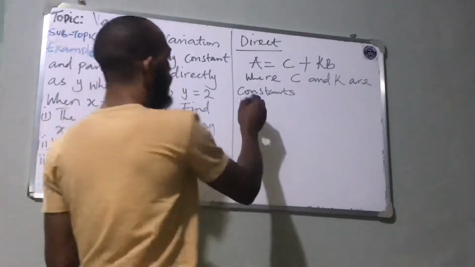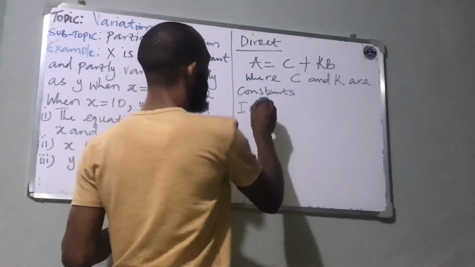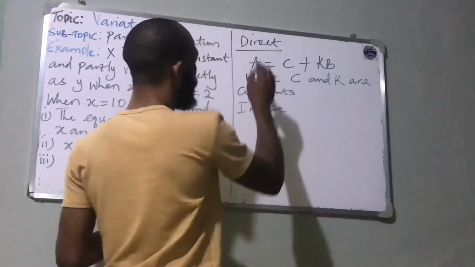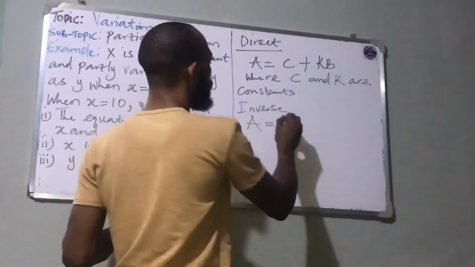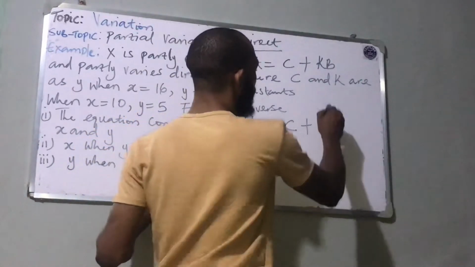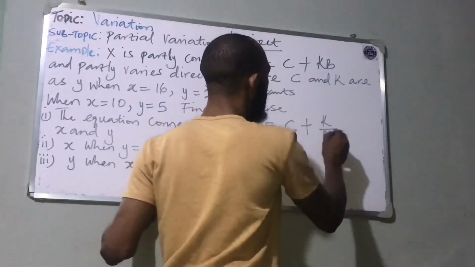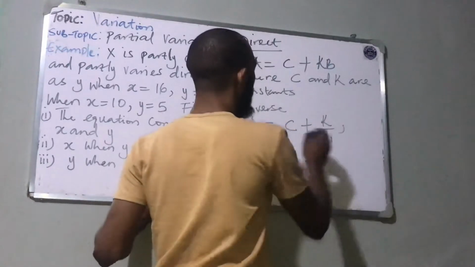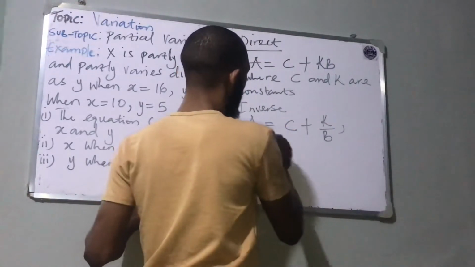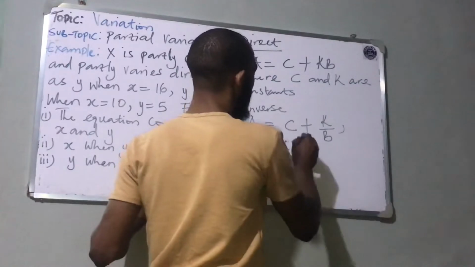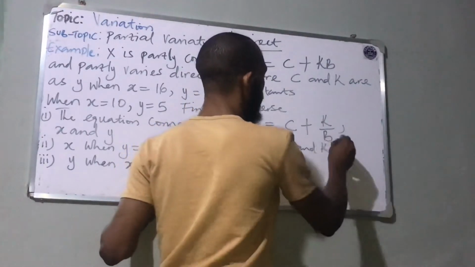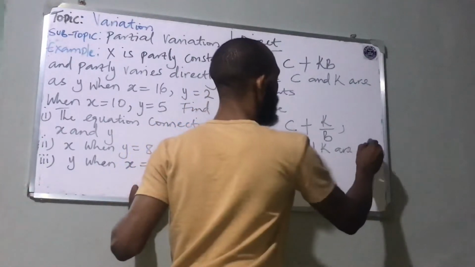For inverse, we use A equals C plus K over B, where C and K are constants.